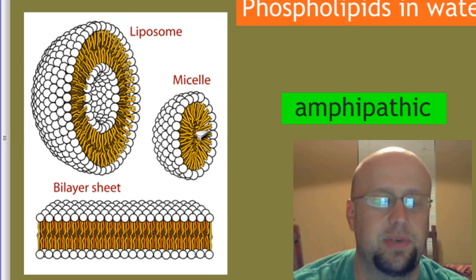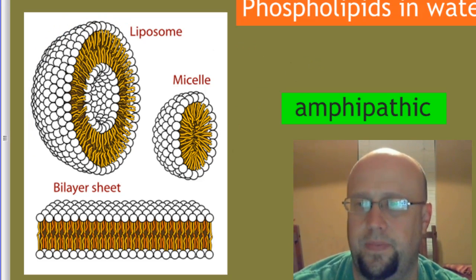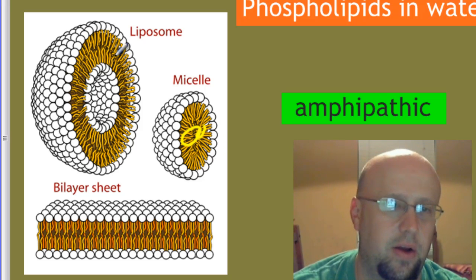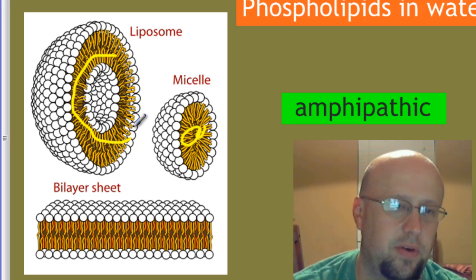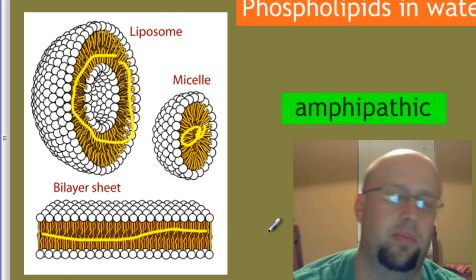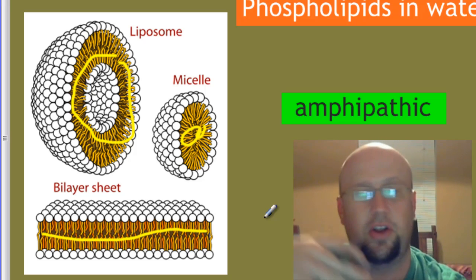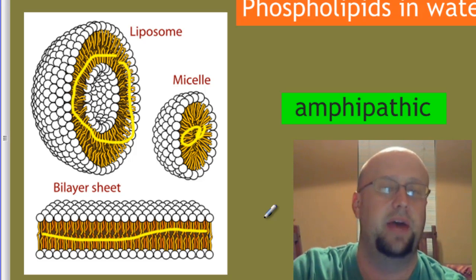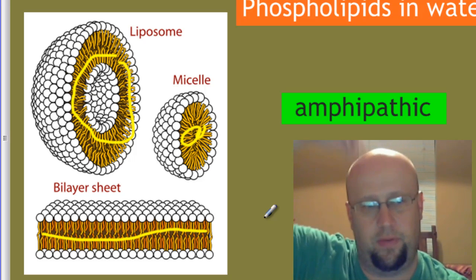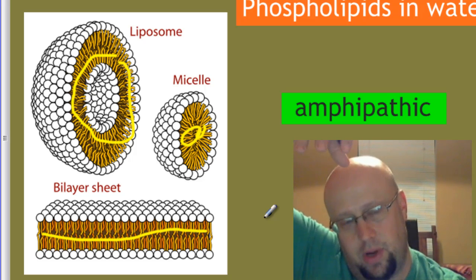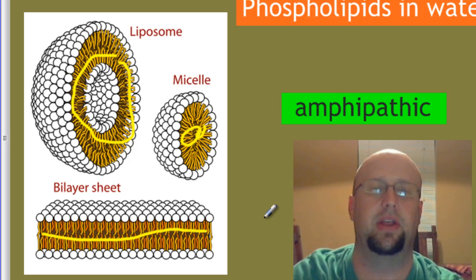And so they arrange themselves so that the fat ends, all in here, those are the lipid ends, all the little yellow or orange parts here, the lipid part of the molecule, are basically arranged so that they're not touching water at all. This forms a barrier where the phosphate end of the molecule is on the outside and the lipid end is stuck down in the middle.